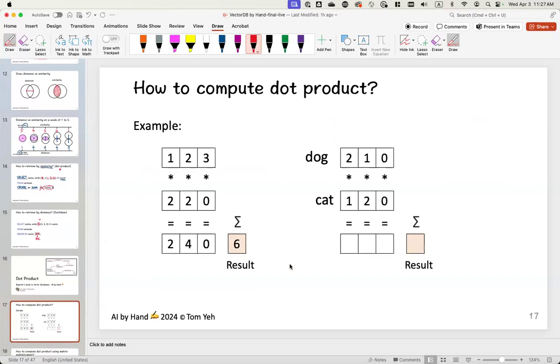To compute dot product, I'll start with a really simple example. I have two vectors, and each vector has 3 elements. To compute dot product, we multiply each element and add them up. So suppose we have dog and cat. Dog is 2, 1, 0, cat is 1, 2, 0. Those are numbers I gave you earlier.